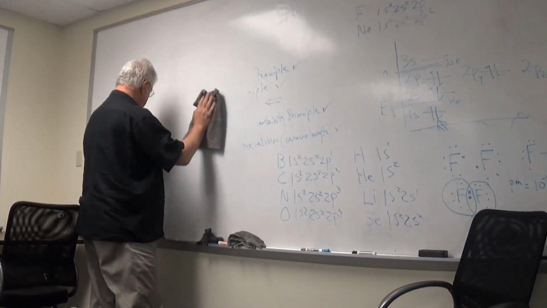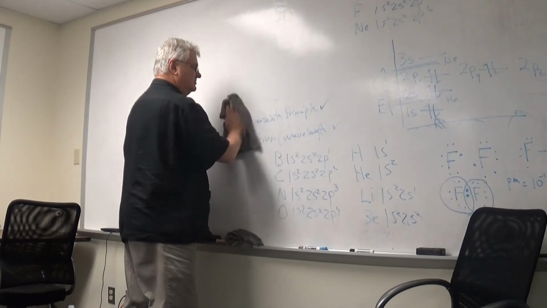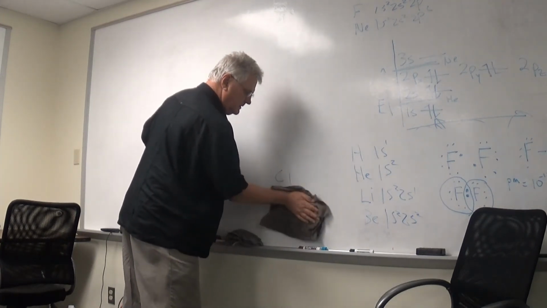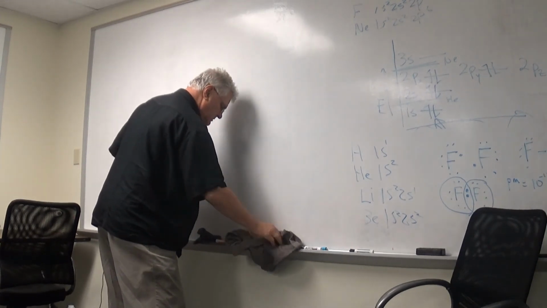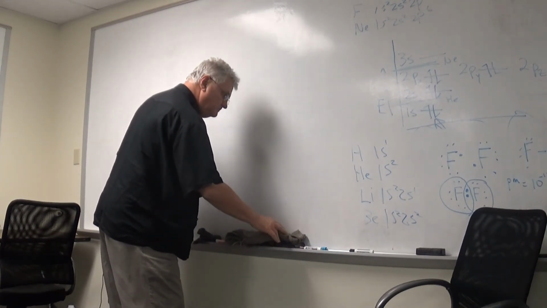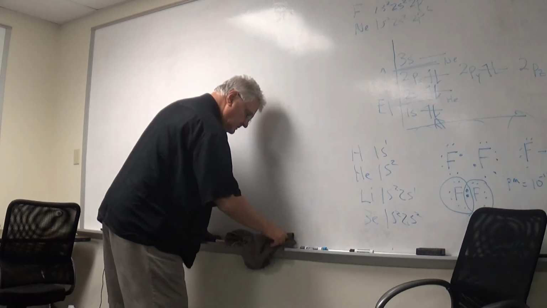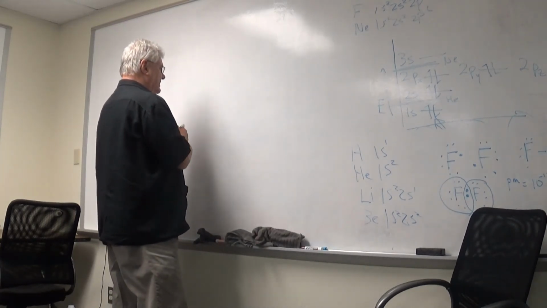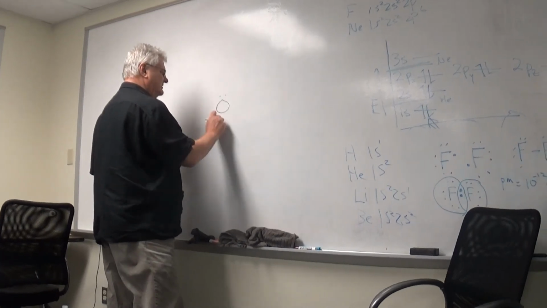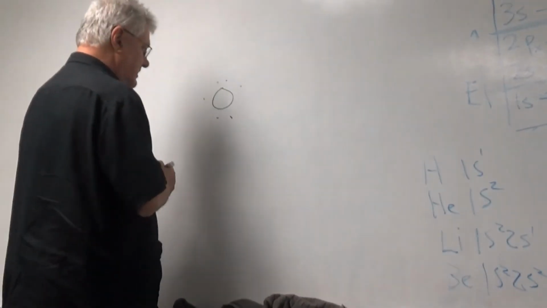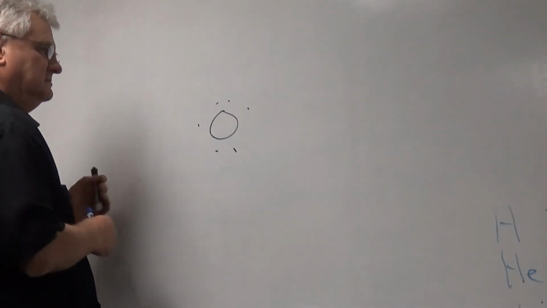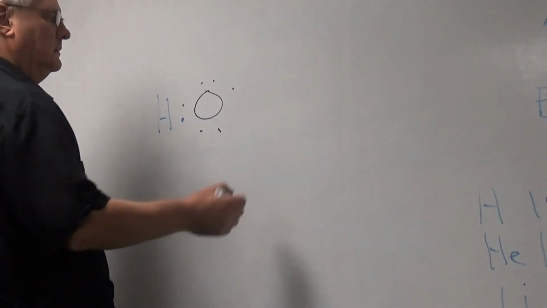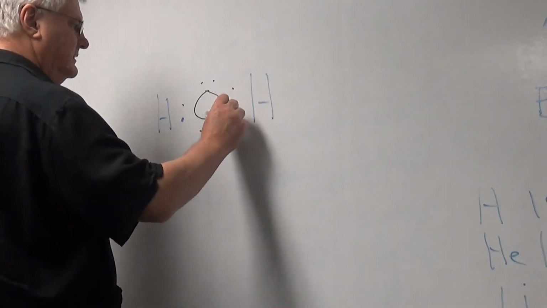Well, let's look at some simple examples of drawing Lewis dot structures of molecules. We already looked at water. You've got oxygen with 6 valence electrons. And let's say you bring a hydrogen, and hydrogen has 1, and you bring another hydrogen, and it has 1.